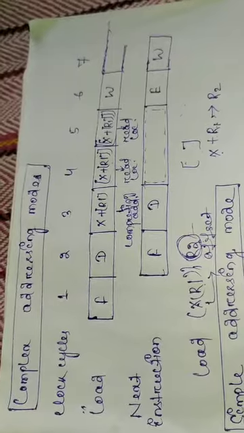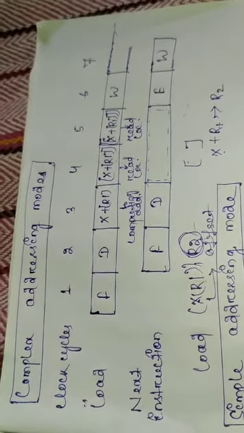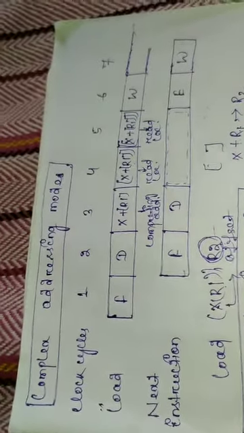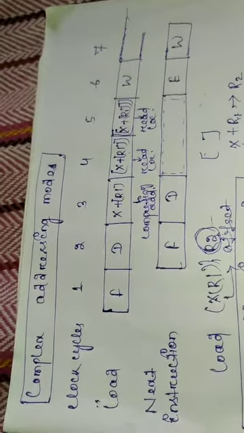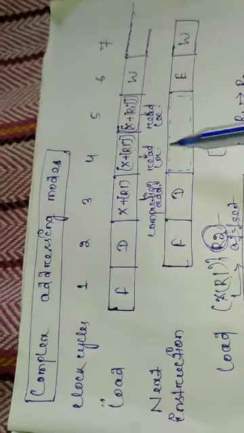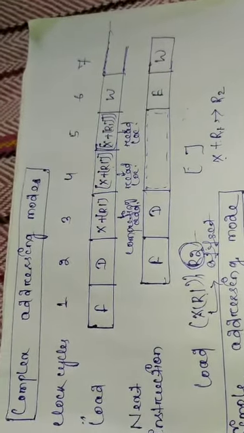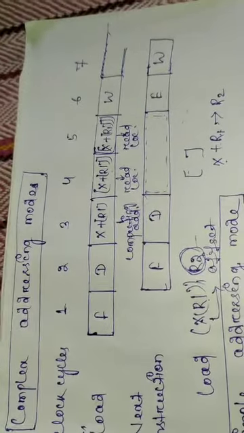To implement the same load operation using only simple addressing modes, it will require several instructions. That means in the complex mode we are combining multiple addressing modes. Here we are computing the effective address, we are directly using the registers, and we are reading the location.